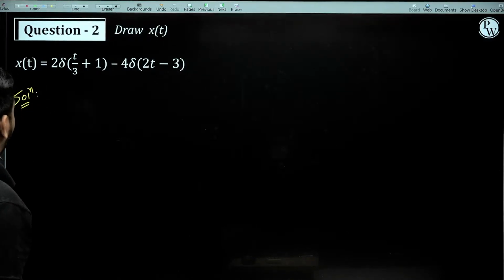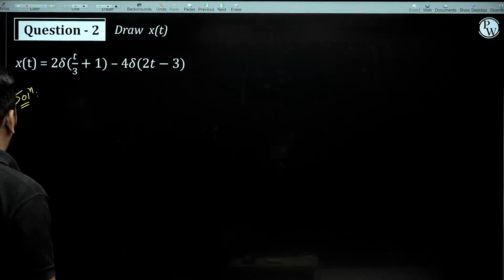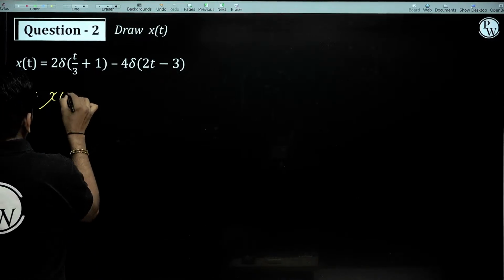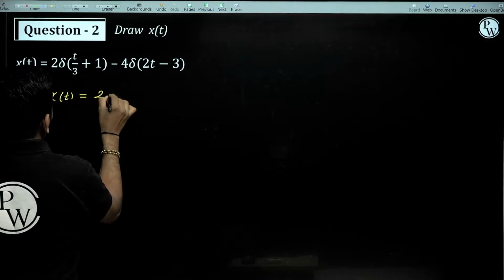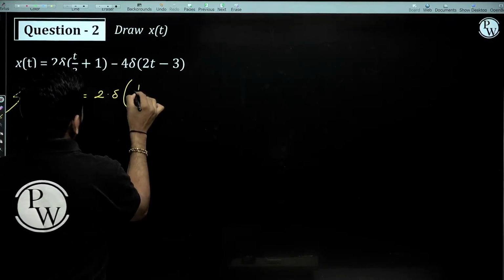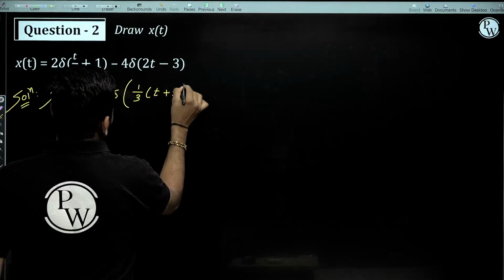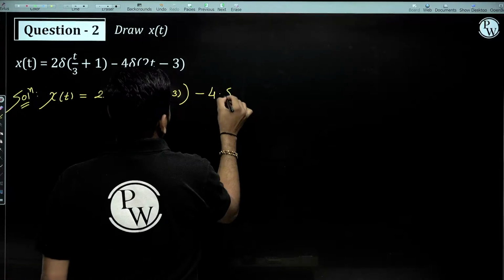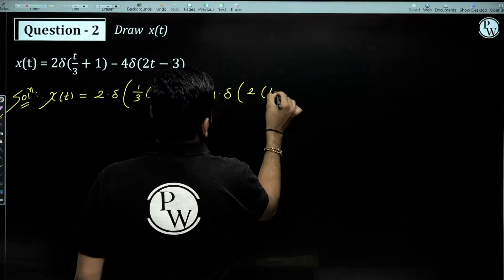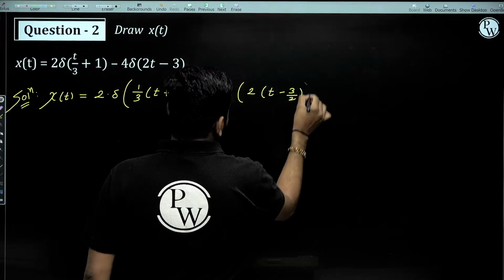Second question: draw x of t, or they can ask to find the area of x of t, guys. So x of t equal to 2 delta of 1 by 3 scaling factor common, t plus 3, minus 4 delta of the scaling factor 2, t minus 3 by 2, correct?